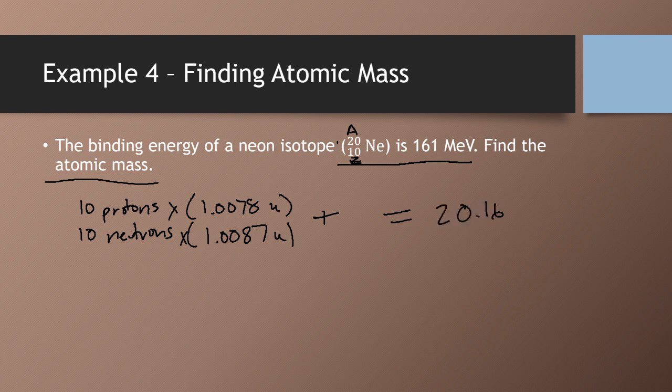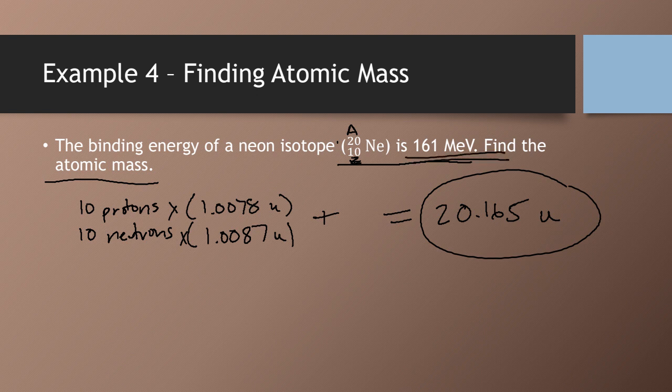So if we just had 10 protons and 10 neutrons all by themselves in a bowl or something like that, the mass would be this. But if we combine them all into the nucleus, we lose a little bit of energy. We know the energy that we lose, so we can calculate the mass that we lose.